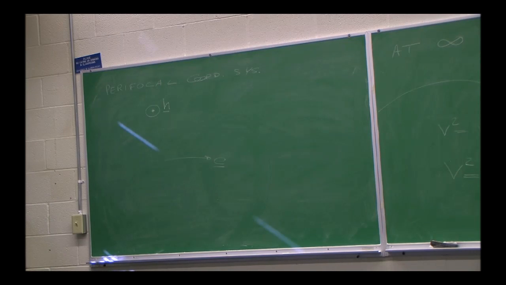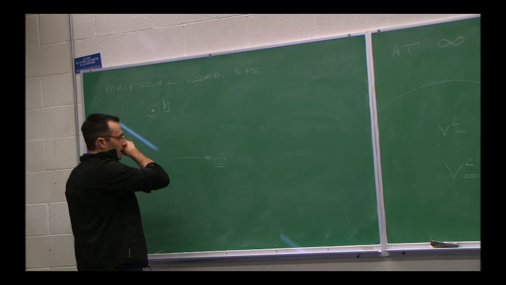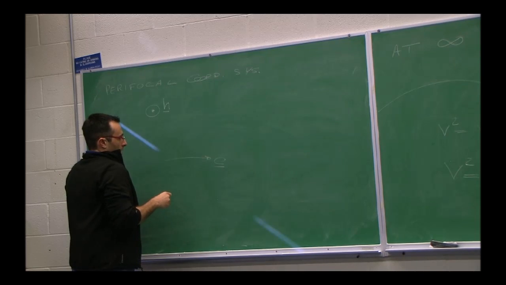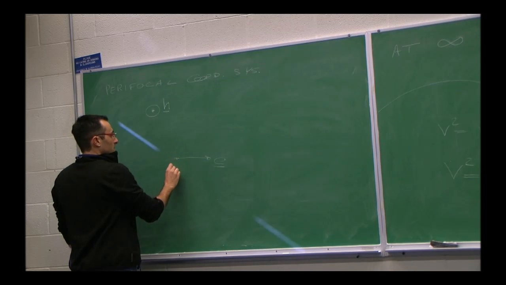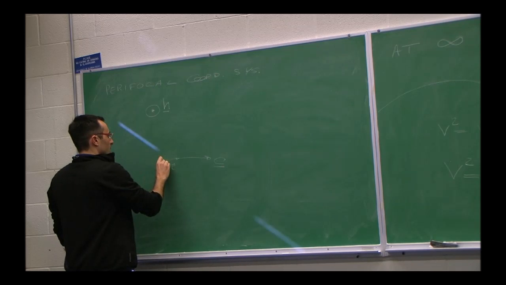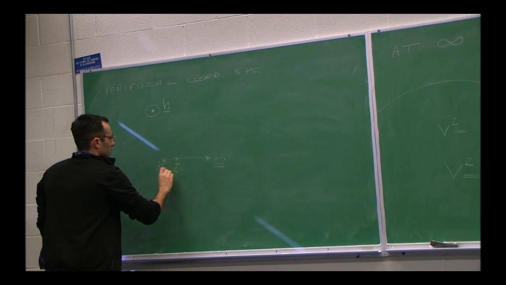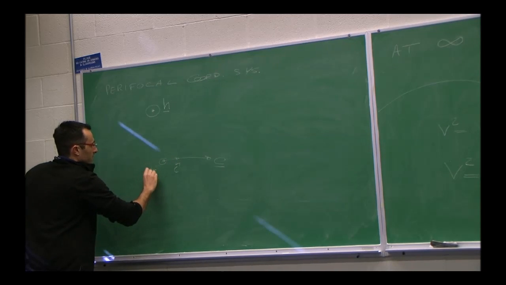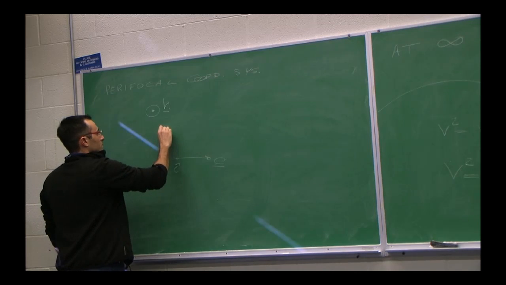There is an e vector, and the norm is between 0 and 1, for example, but it does apply to all shapes. The perifocal frame is defined as a unit vector in the direction of e, so we can call this i, the x direction. A unit vector k in the direction of h coming out, and then the cross product of the two gives you the j.